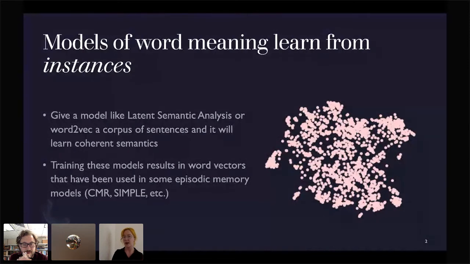So it'll learn that dog and cat are similar, and they will therefore have similar word vector representations. These have been incorporated into many different episodic memory models and in many different ways, though very few of them integrate them directly into the learning mechanism associated with the model.